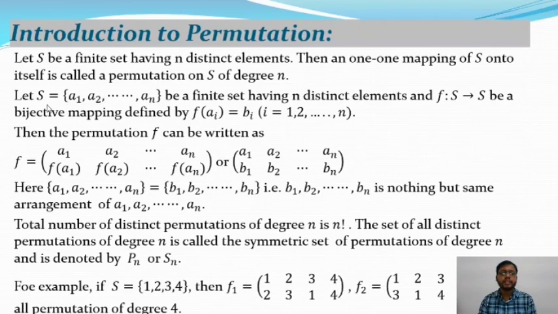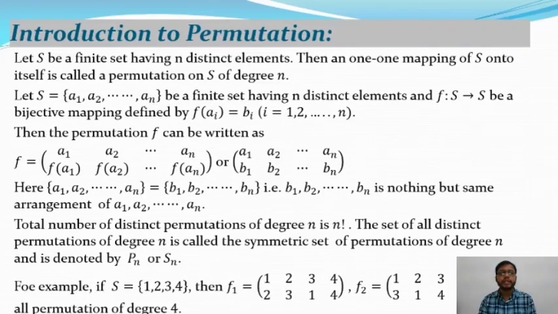So let S be a set, and S contains a finite number of elements, that means n distinct elements, and they are a1, a2 up to an.